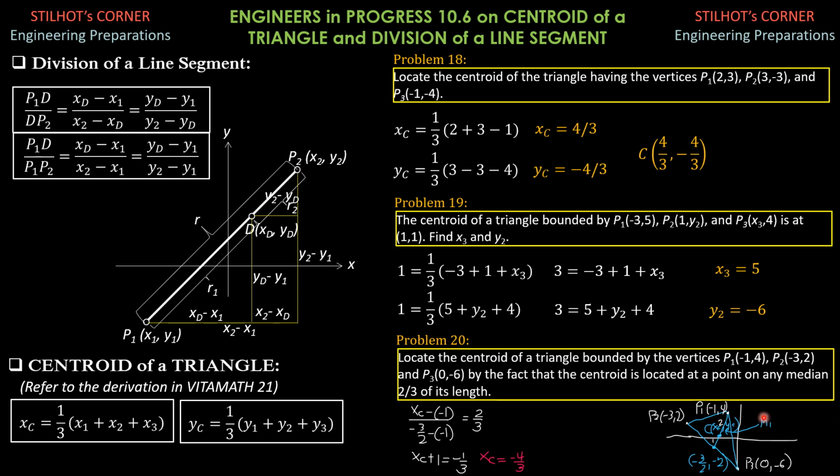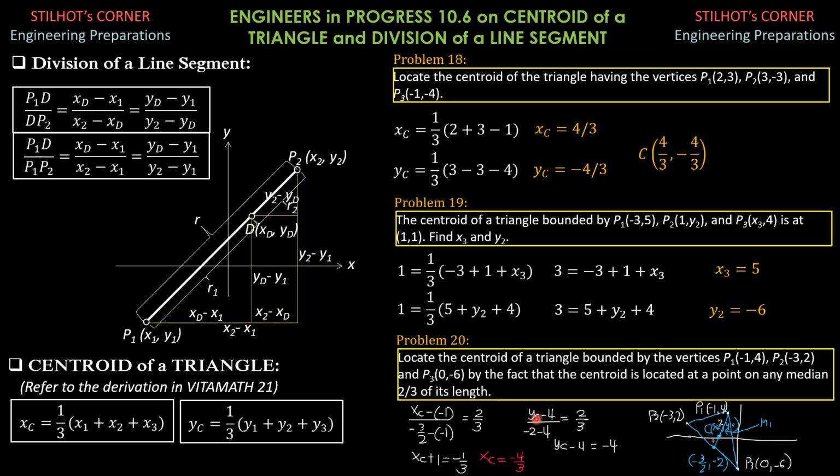Likewise for y sub c. The ratio of the vertical projection of the centroid to P1, y sub c minus 4 over negative 2 minus 4, is also 2/3.